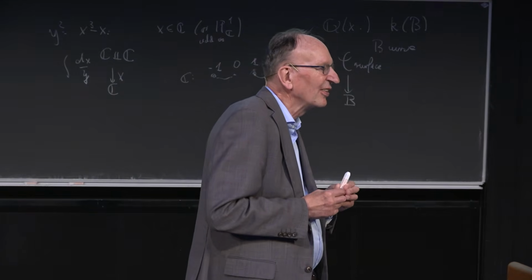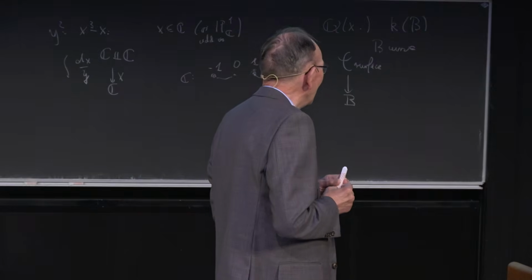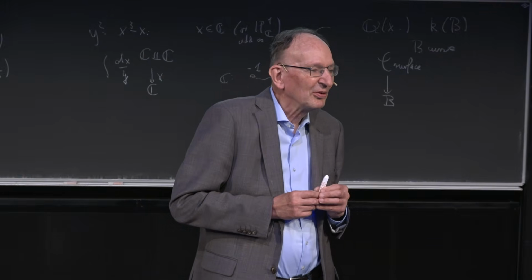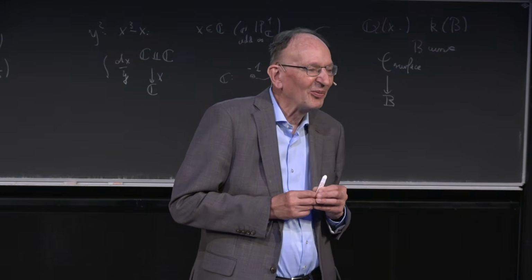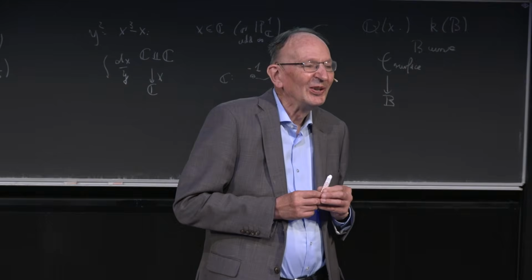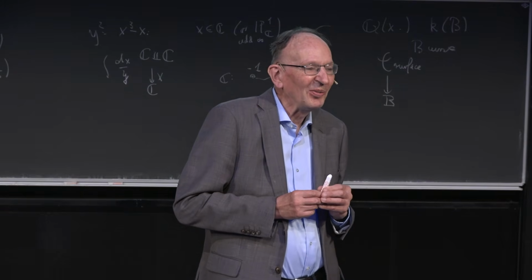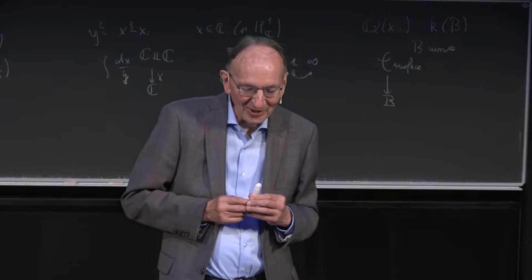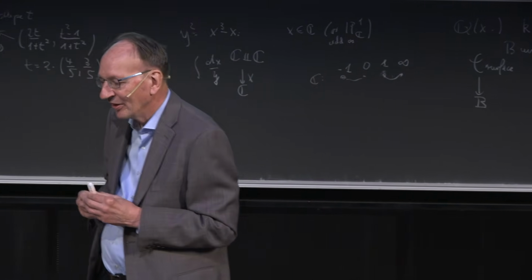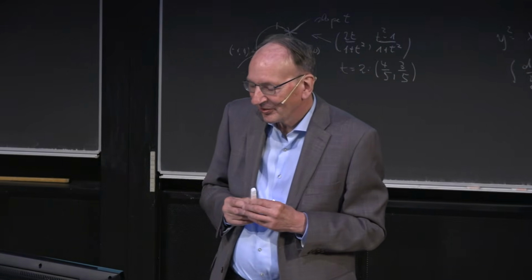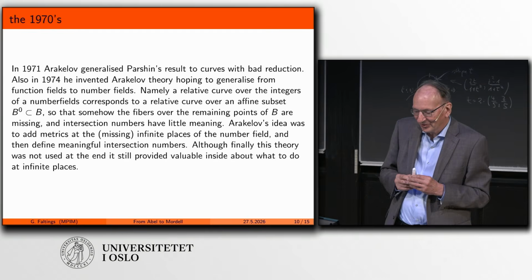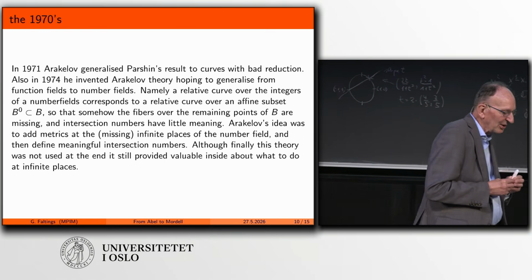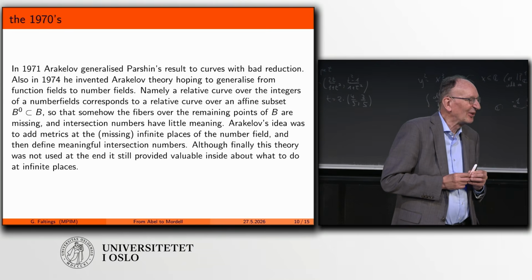And for number fields, there are no points at infinity, but there are sort of things. I mean, the points correspond to p-adic norms on the integers, and there's also the real norm, and this should replace infinity. Arakelov had the idea of using this, and the idea in Arakelov theory is simply that you put real metrics on everything, and then study this.